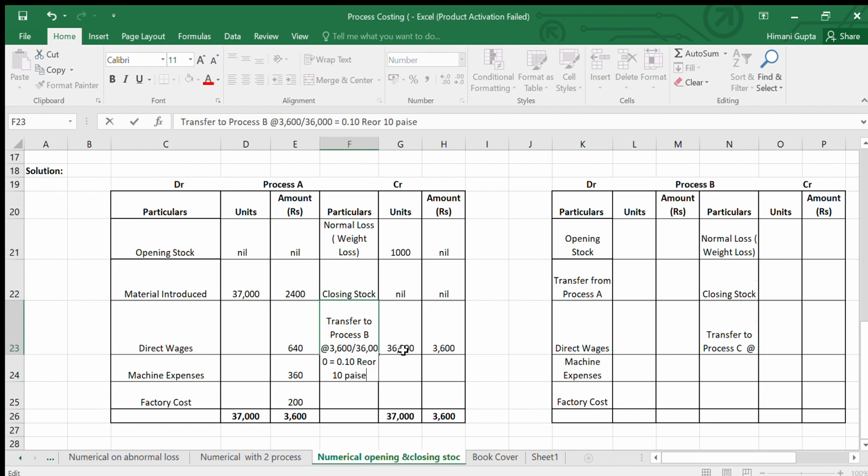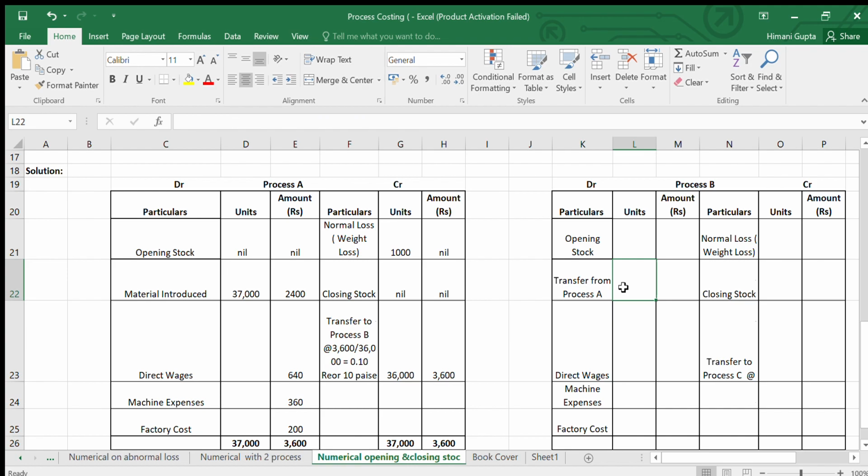Now let's move to the next process. Whatever be the finished good of process A, that will be the transferred, or you can say the raw material or input of process B. Now how much are we transferring over here? We are transferring 36,000 units whose value is 3,600.